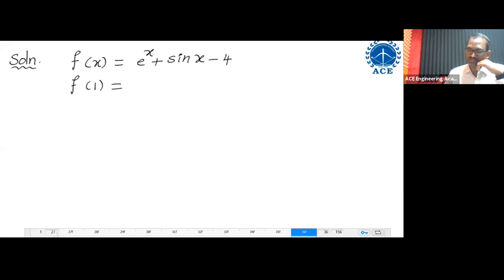Minus 1.264 is the e-power-1 part. Sin 1 in terms of radians, how much?